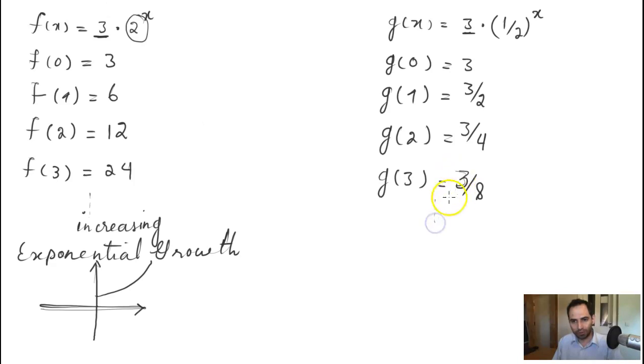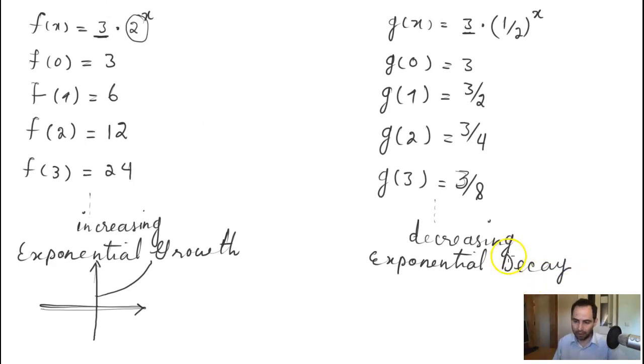As I'm increasing the input, the output is decreasing and decreasing. So this is an exponential decay. They call it decay.